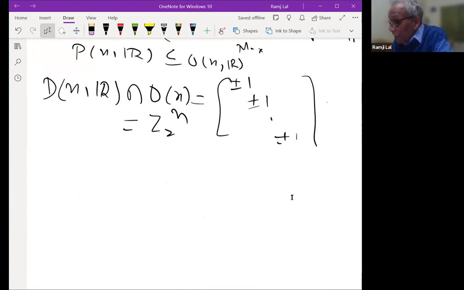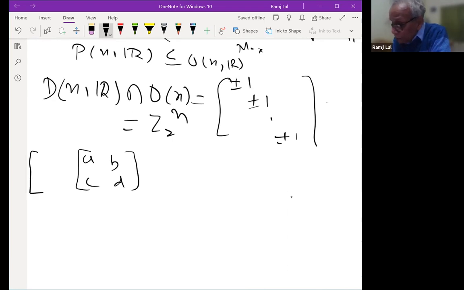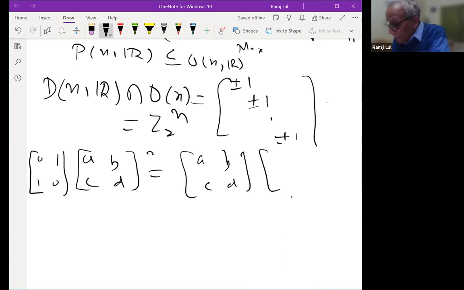The orthogonal matrices have to commute with all permutation matrices, or so to say, the matrices coming from the transpositions, right? So for example, let us consider this example here. If you take A, B, C, D and suppose it commutes with the transposition matrix 0, 1, 1, 0, right?